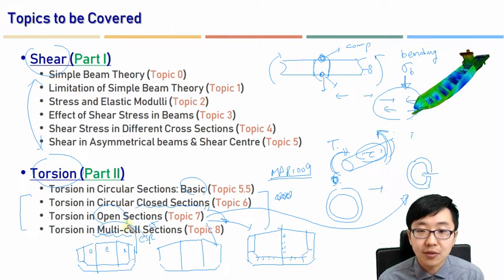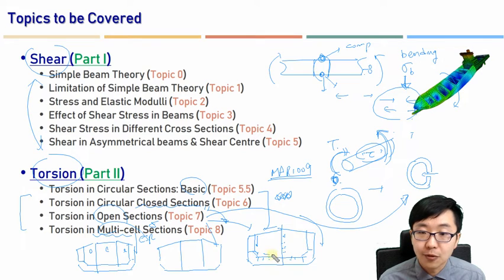We will have a look once we apply the torsion here, and at the section we will see how the flow of the shear will be, and then the effect of the shear stress, and how we are going to design our sections, about the thickness, safety assessment, something like that.